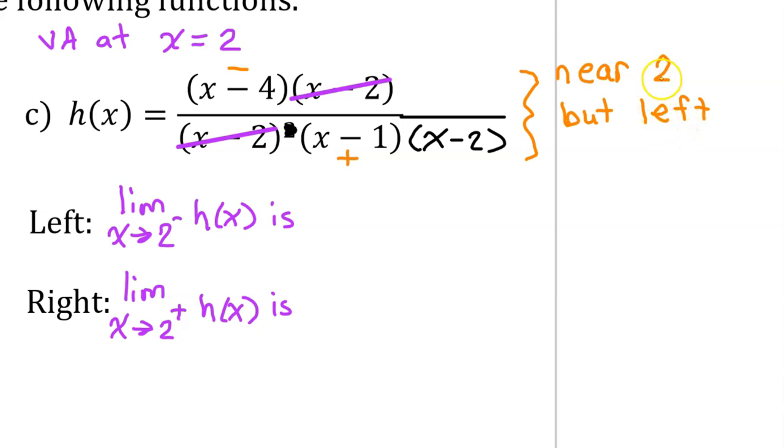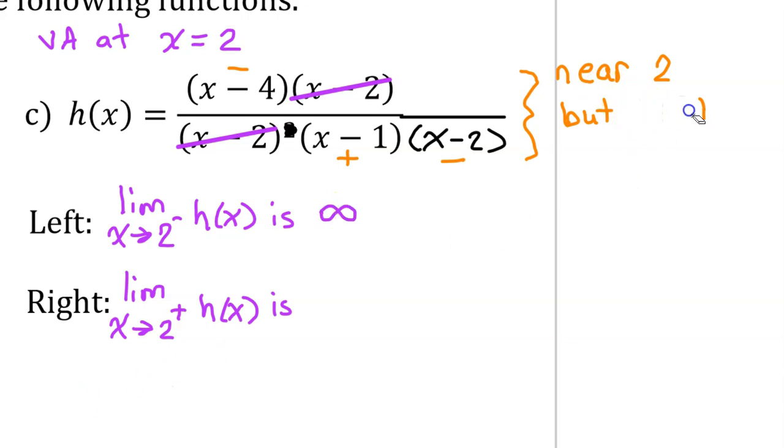So instead of 2, you could think 1.9. 1.9 minus 2 is going to be negative. Overall, h of x will be positive because of the even number of negatives. So the limit as x approaches 2 from the left of h of x is positive infinity.